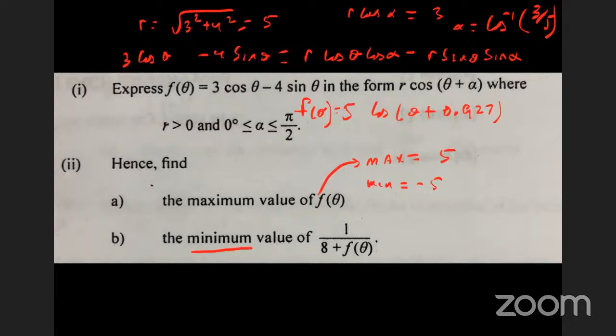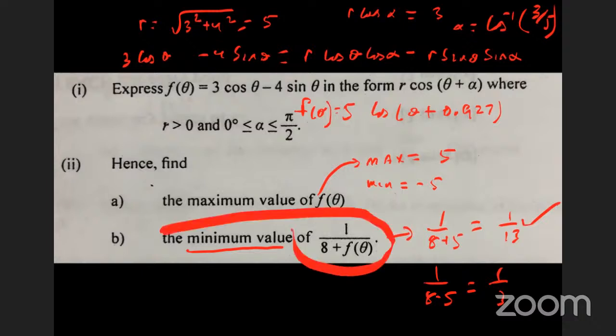How do we find the minimum value? Well, what we could do is we could take 5, see what we get, and put in -5 and see what you get, which is smaller. That's it. So what's the minimum value of this? 130. Just put both of them.